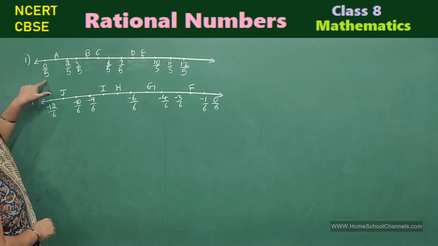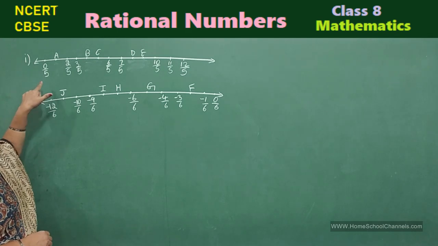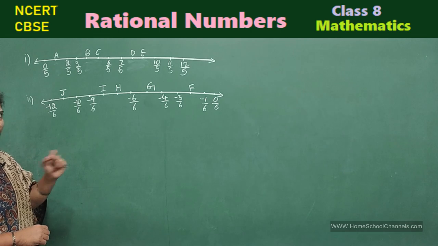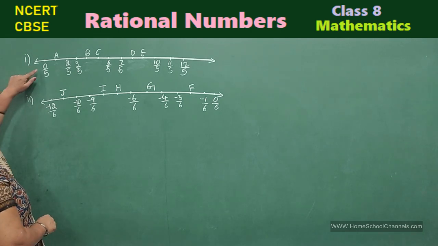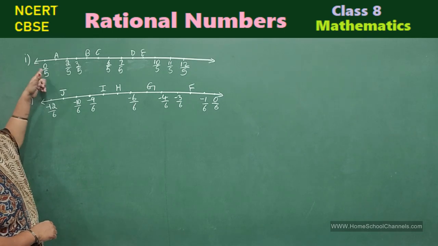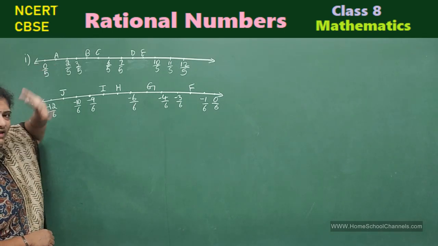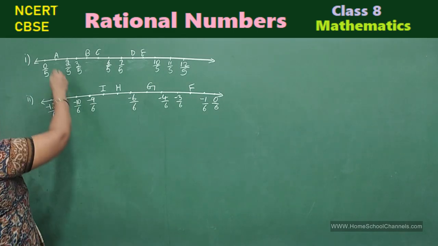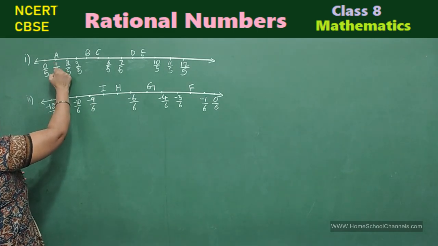Observe here, 0 by 5 means each unit is divided into 5 equal parts. This will be the first part of 5 equal parts. How can you write it? 1 by 5.